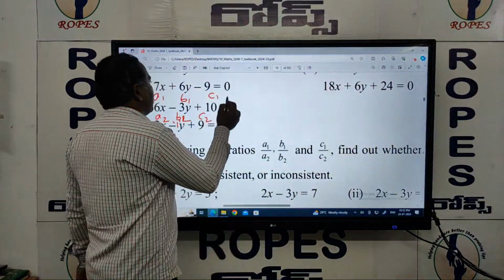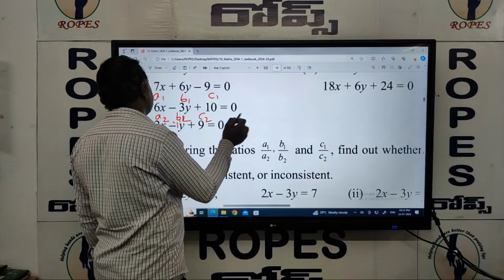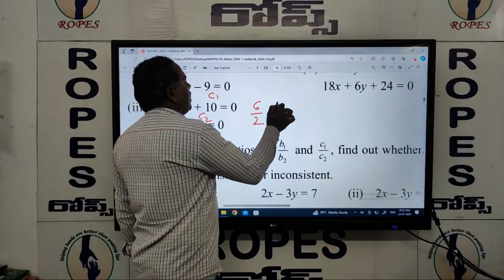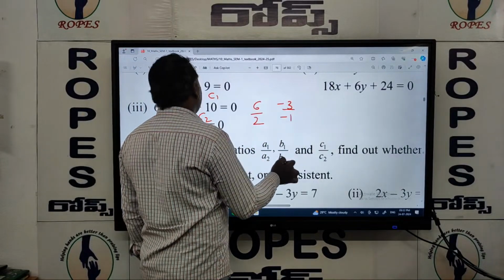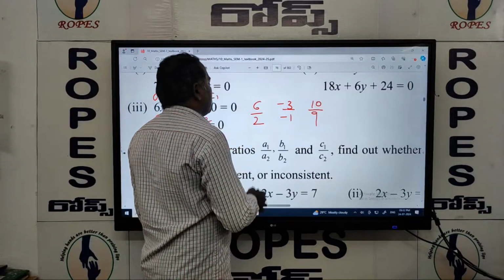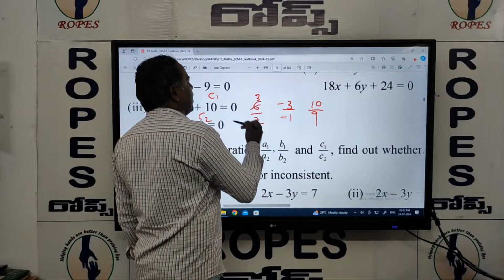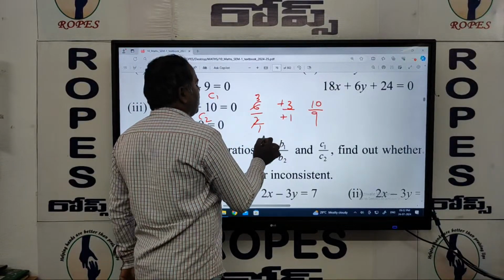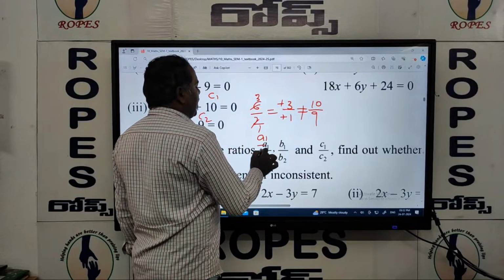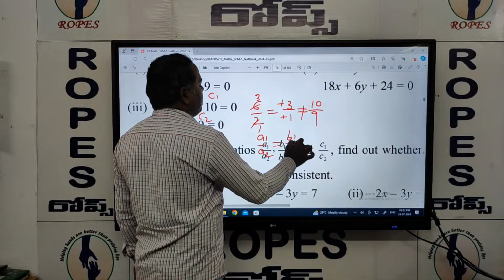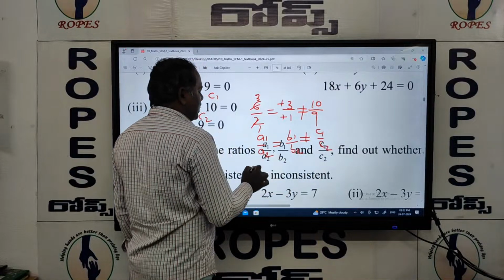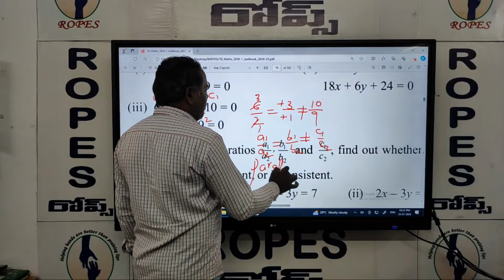If you compare A1 by A2, B1 by B2, C1 by C2, here 6 by 2, minus 3 by minus 1, and 10 by 9. The first two are 3s, the minus signs cancel, so these are equal and this one is not equal. Here A1 by A2 equals B1 by B2 is not equal to C1 by C2. Then the lines are parallel lines.